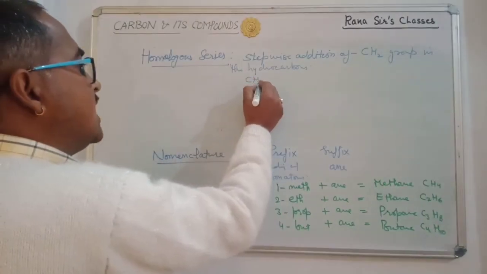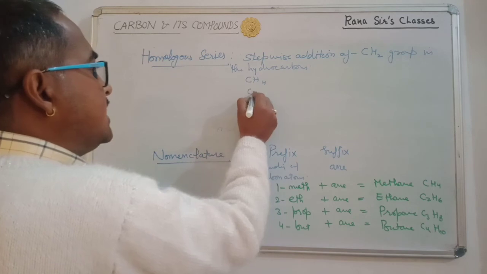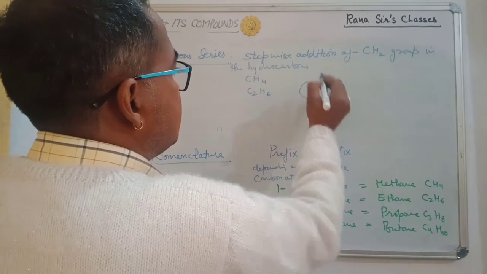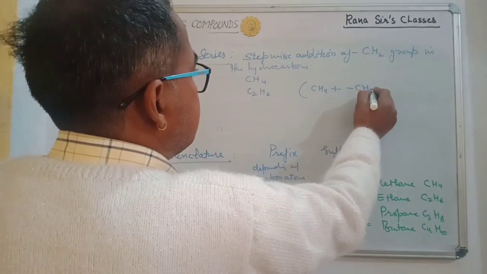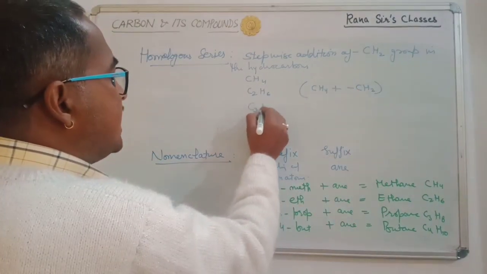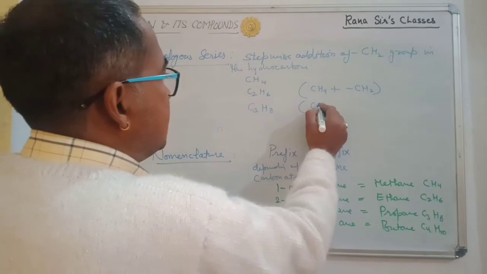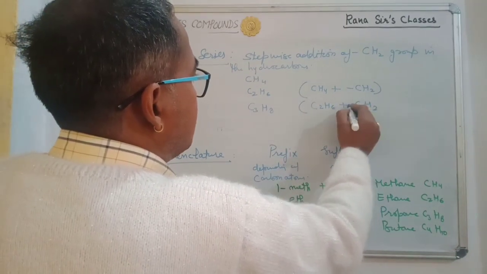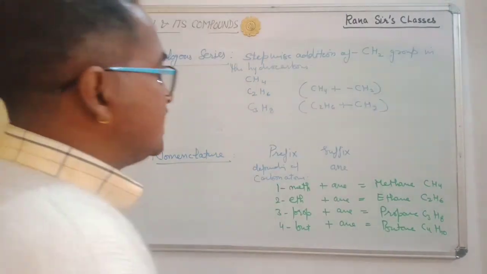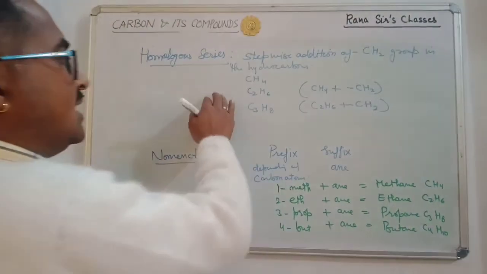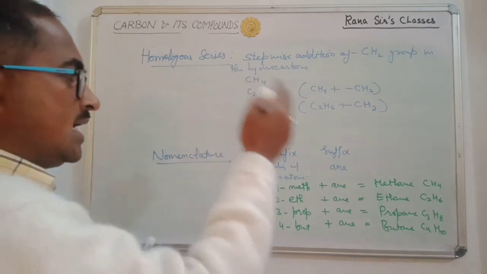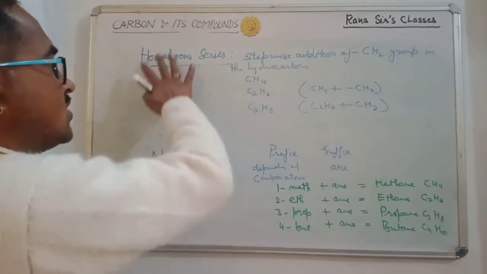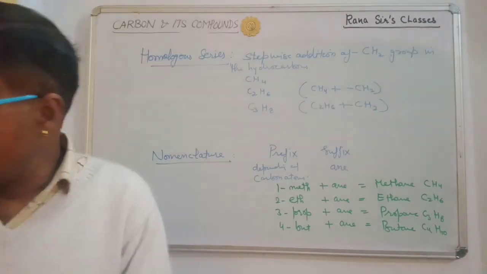Methane is CH4, ethane is C2H6. C2H6 is CH4 plus we add CH2. Then C3H8 is what? C2H6 plus CH2. So there is always a jump of CH2 from one level to another, from meth to eth to prop to but. This type of series is called homologous series.